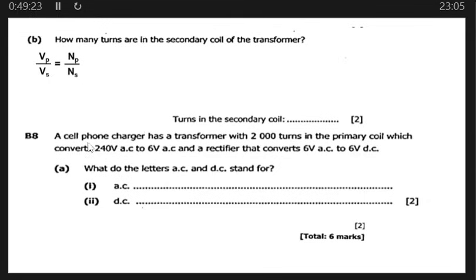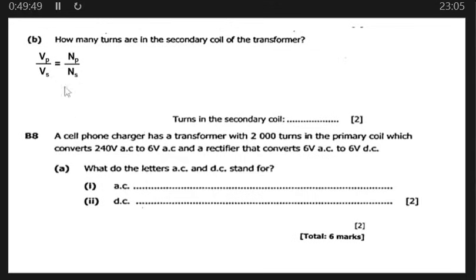So we will go to the question. A cell phone charger has a transformer with 200 turns in the primary coil. So we have 200 turns in the primary coil, which converts 240 volts to 6 volts. So meaning in the primary coil there's 240 converted to 6 volts.